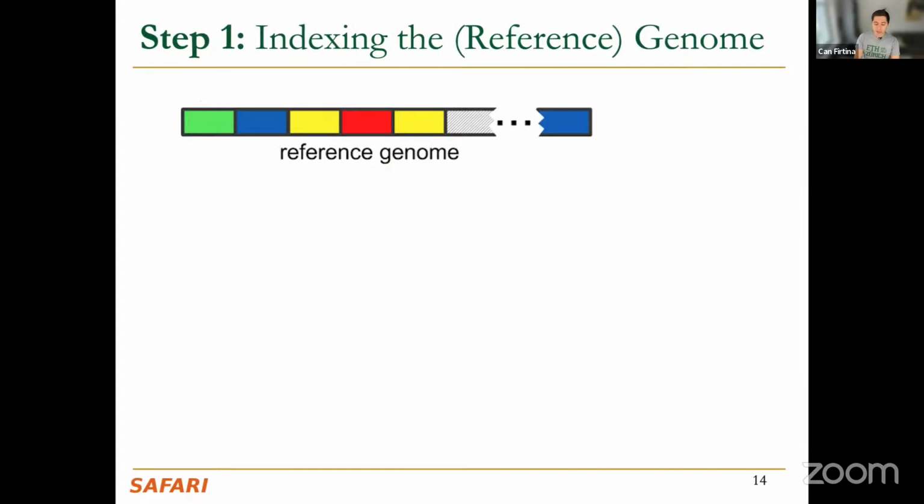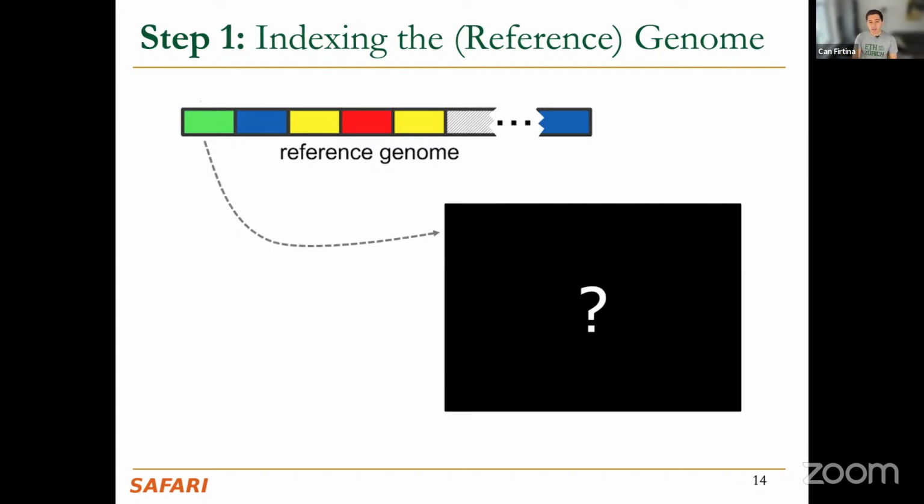So step 1 is usually an offline step, a one-time task where we extract some subsequences from the reference genome. You may assume these different colors are different subsequences that we extract from the reference genome.